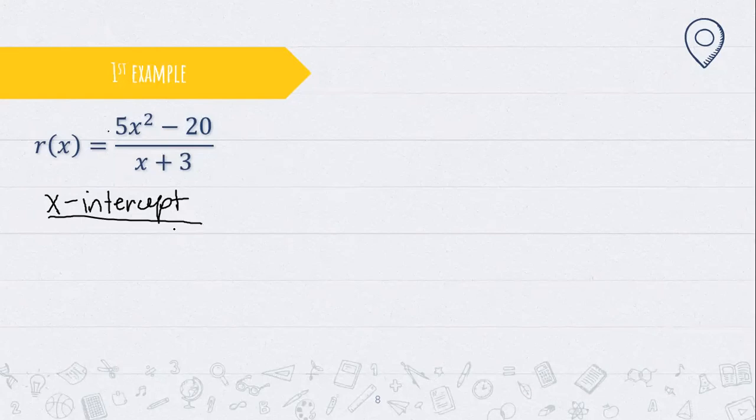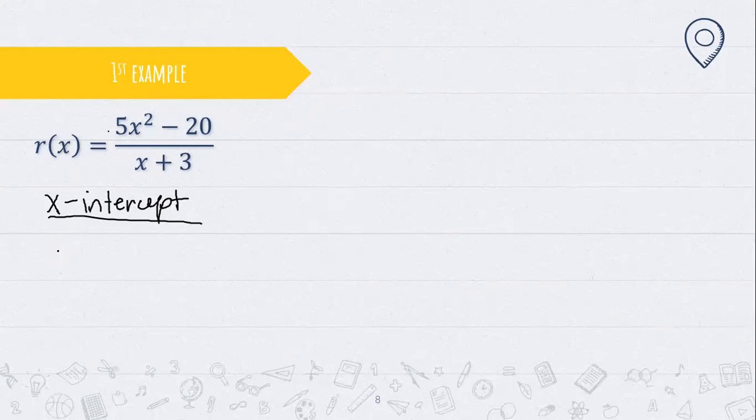So, ngayon, eto na tayo. How to find x-intercept? Sabi kanina, para hanapin si x-intercept, simplify the function. Kapag di na natin ma-simplify yung function, as is na siya. Okay? Ngayon, class, we need to equate our numerator to 0.